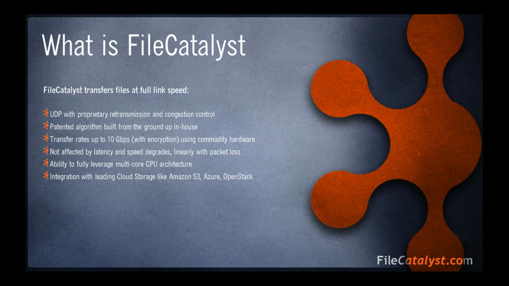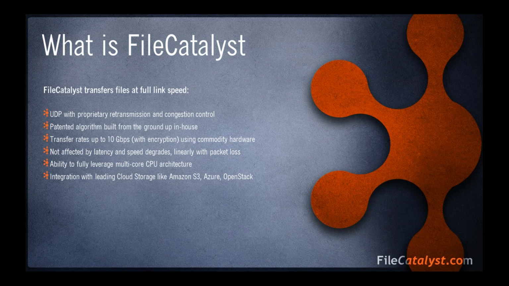So FileCatalyst is an accelerated file transfer software. It's meant to move very large files using the internet or any IP network. We can move these files up to 10 gigabits in speed with encryption on regular hardware you can buy off the shelf today.